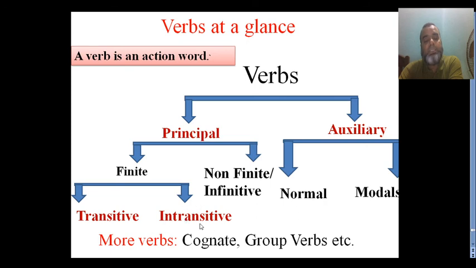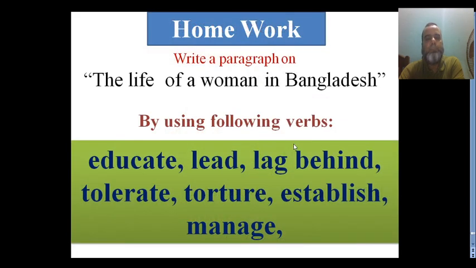Intransitive means there will be no object here. Besides these verbs, there are more verbs here. Cognate means the verb and object originate from the same word. A group verb means a group of words is used as a verb. These are the classifications of the verbs.